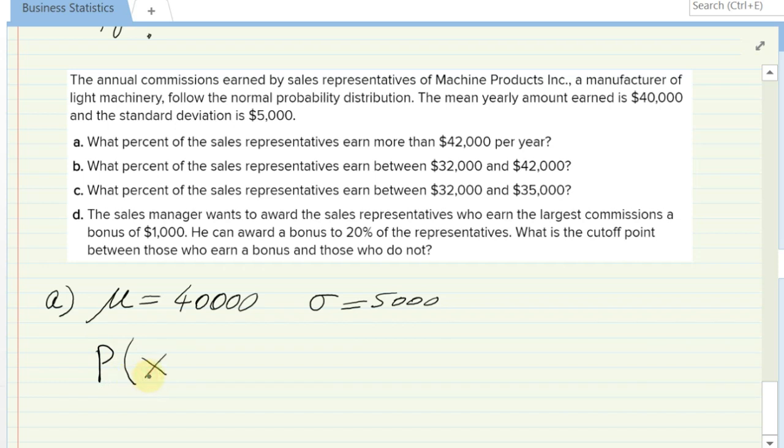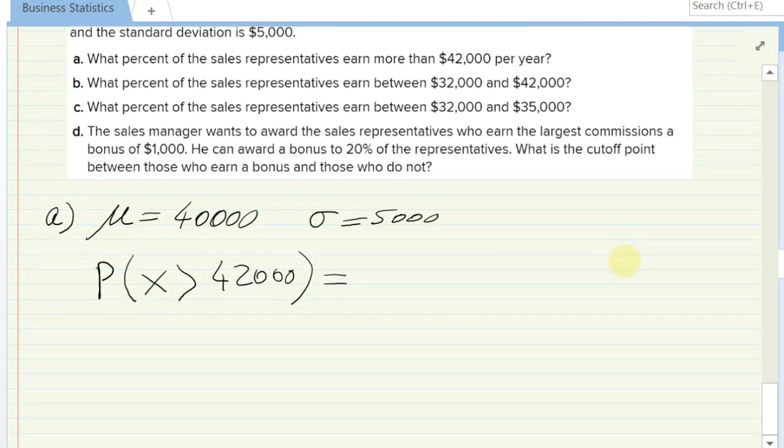We're going to call that X. More than 42,000, so it's going to be greater than 42,000. If you put the equal sign, doesn't matter, but remember, just to adhere with the correct verbiage here, more than means you don't include the equal sign. But on the probability side of things, if you did, the answer would be exactly the same. Okay, so that's for part A.